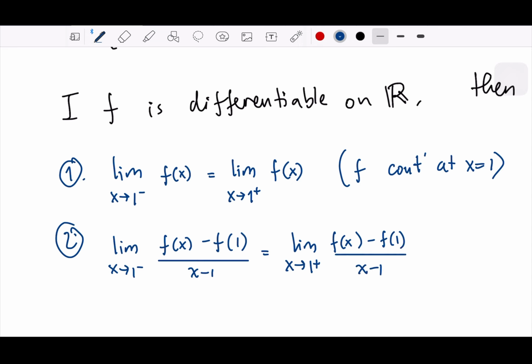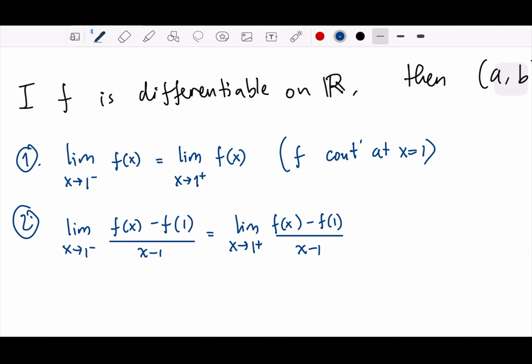Now from these two requirements, we can set differentiable. Let me finish a little bit and then we can have a short break.